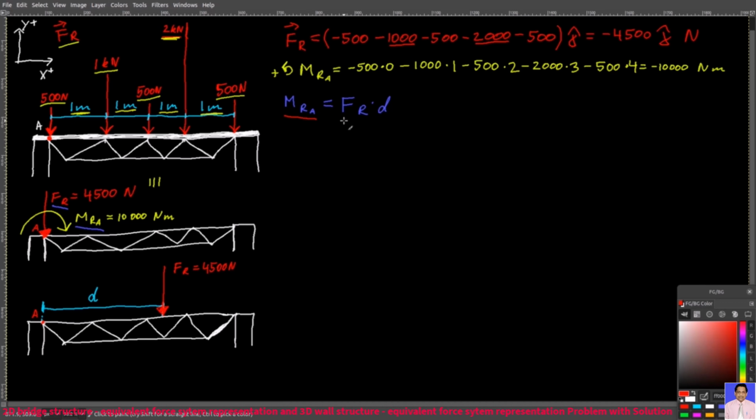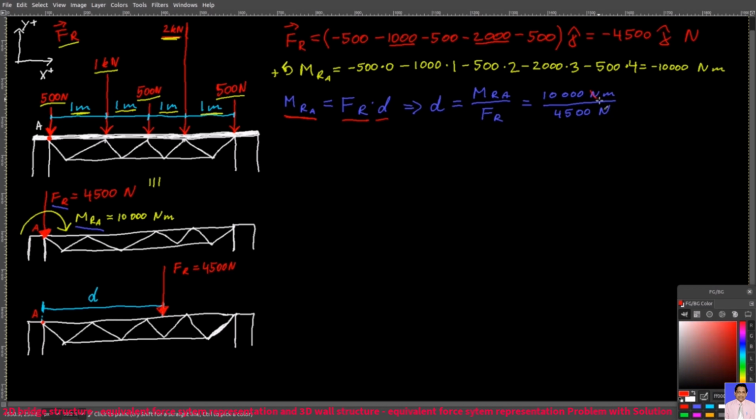And it makes sense, right? Fr times D equals MRA. In our case, D equals MRA over Fr, so 10,000 Newton meters over 4,500 newtons.